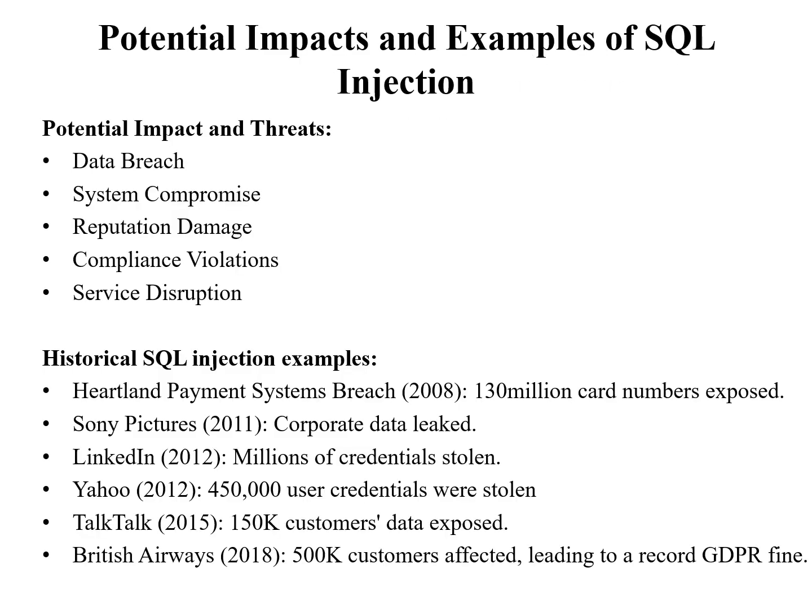Some of the potential impacts and historical SQL injection examples are here. Coming to the potential impacts and threats: data breach, where attackers can gain unauthorized access to sensitive information and the database; database manipulation, where records are modified or deleted; privilege escalation, where attackers get admin access to the system; authentication bypass, where they log in as a user without knowing the password; and code execution, where attackers can execute malicious code on a database server.